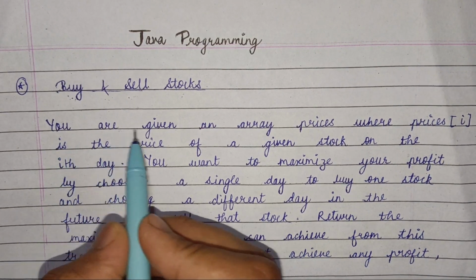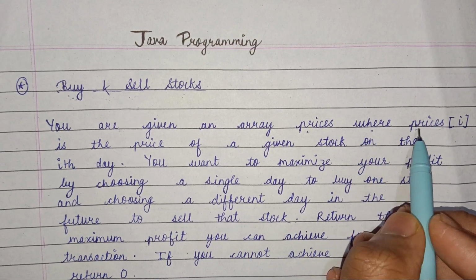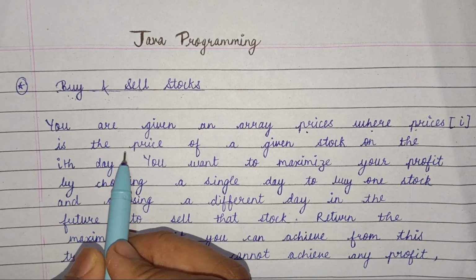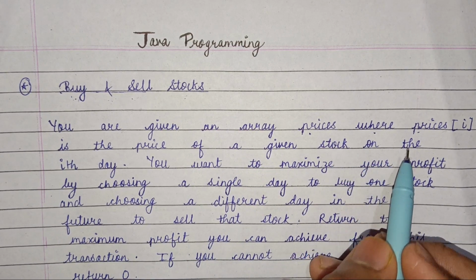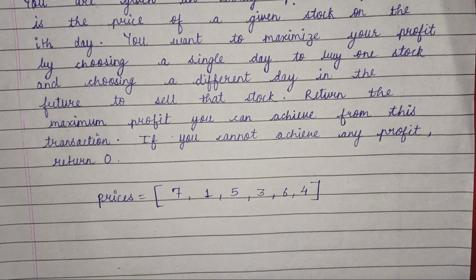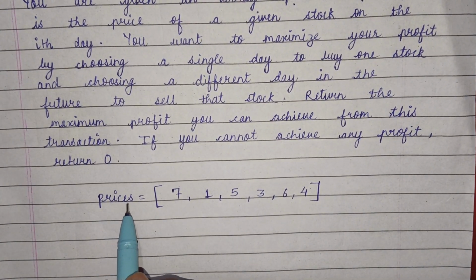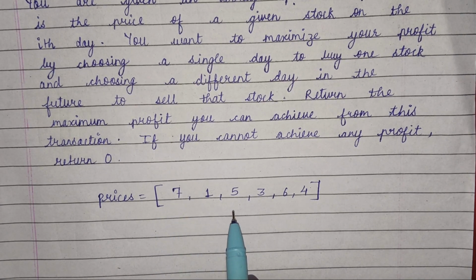You are given an array prices where prices[i] is the price of a given stock on the ith day. Okay, so I have been given an array of prices, and these are the given stock prices.